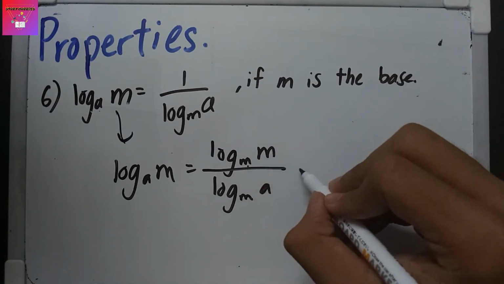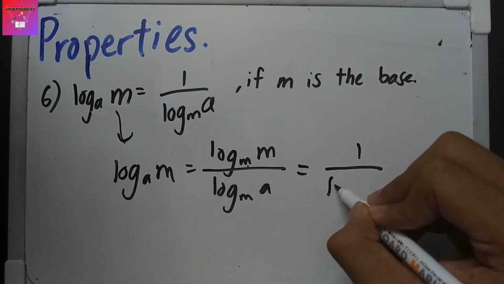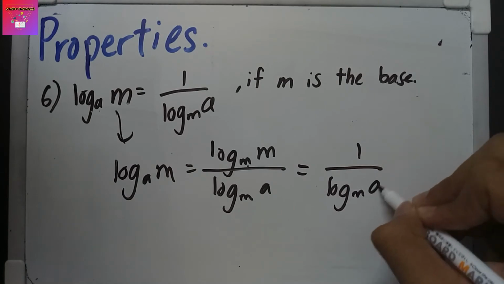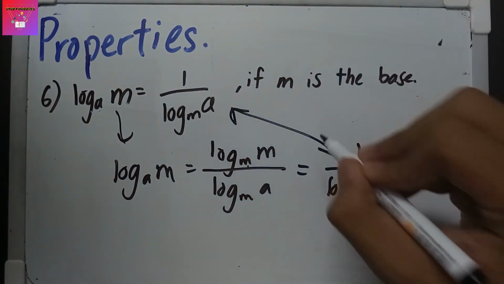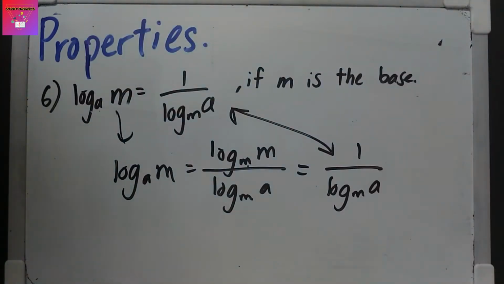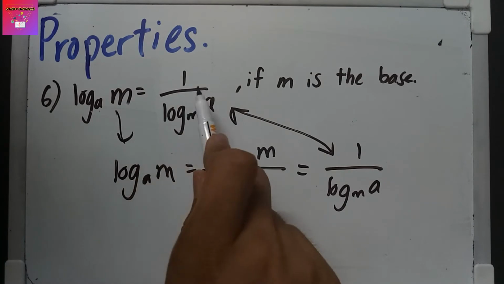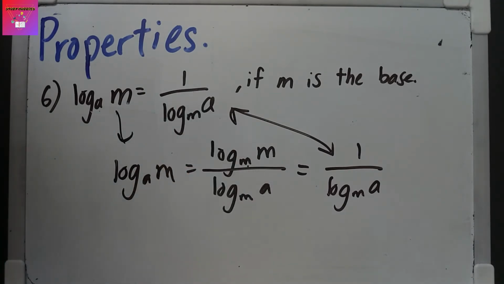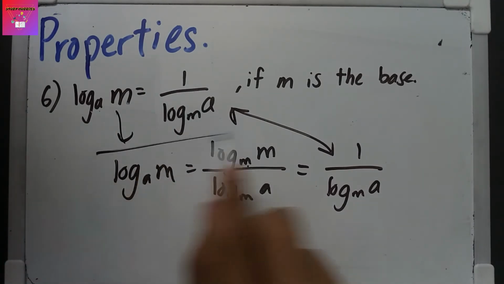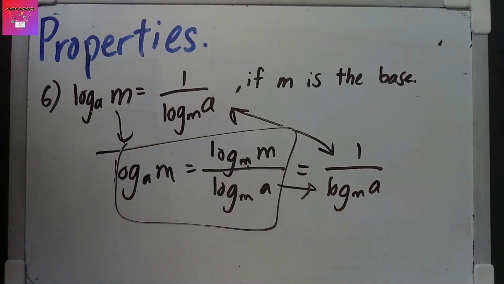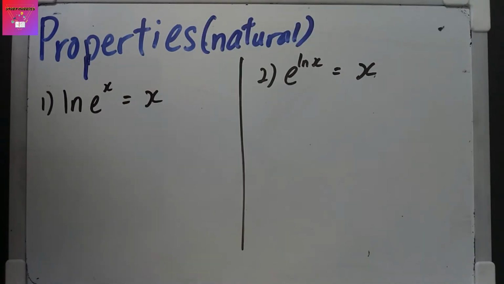If you observe, I can change it to 1 over log m a, which is similar to the property which I've mentioned before. So whenever you realize that the base is exactly the same as the number here, just write a 1 here. Or if you want to play safe, just follow the whole method, which I prefer.